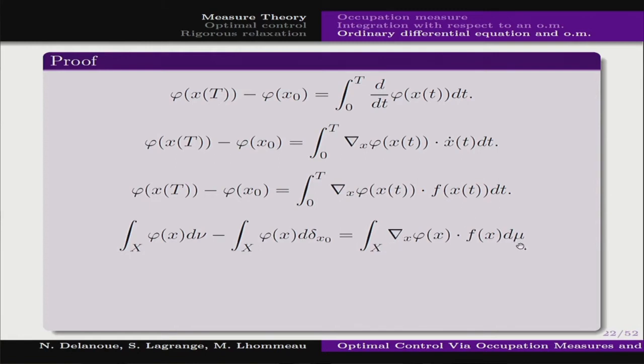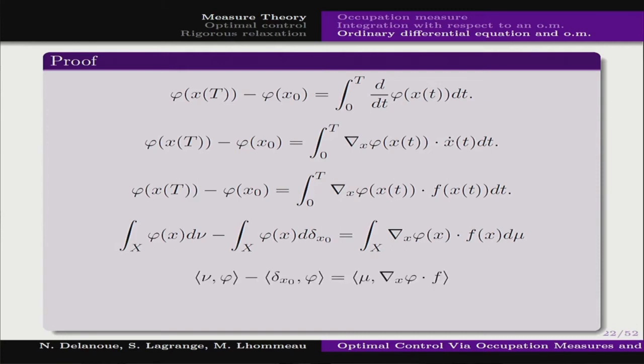So here you can see t. There is no more t in this equation because I integrate with respect to space. This is the main difference between those two. Here you can see that the evaluation of this function at x0 is just the integral with respect to a Dirac placed at x0, and it's the same for this one, because nu is just a Dirac placed at the final position of the trajectory.